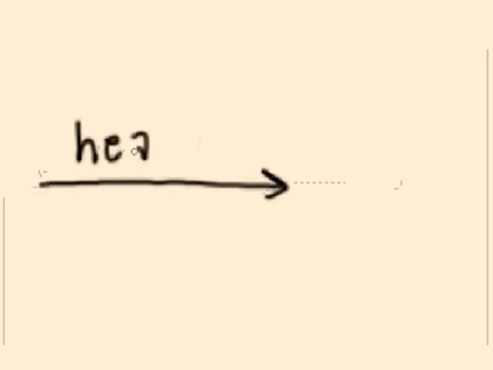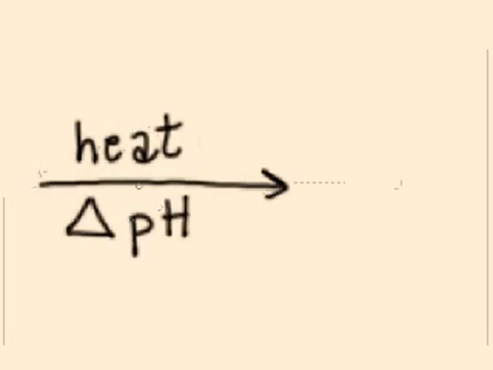Now, this normally happens outside of the body, but sometimes what you can do, if you want to unfold that protein, you can introduce some components to this system. If you add, let's say, either a lot of heat, or you could change the pH, that will cause that protein to unfold.